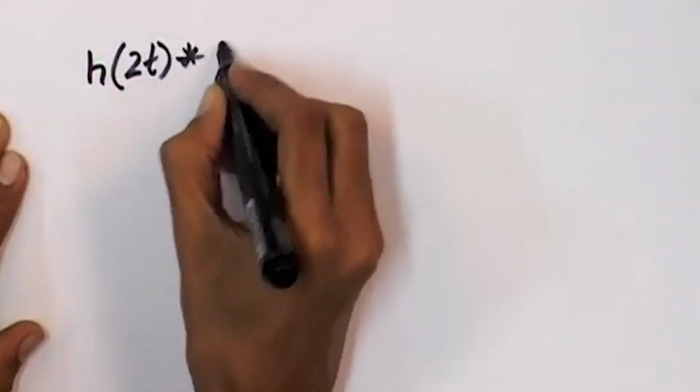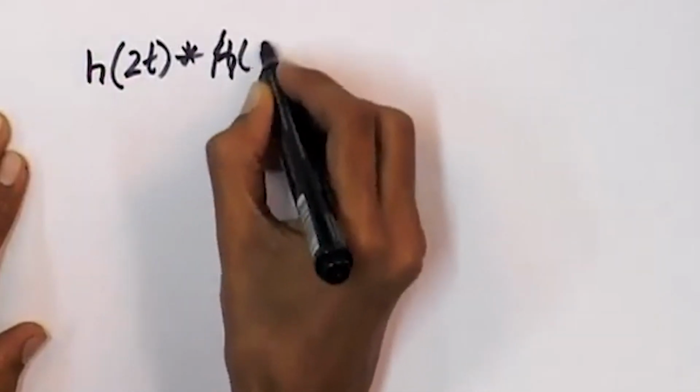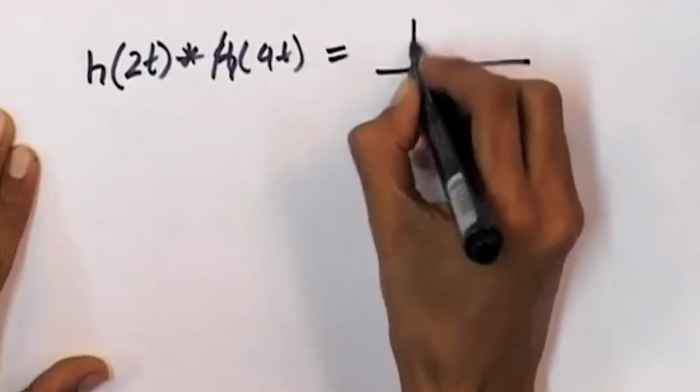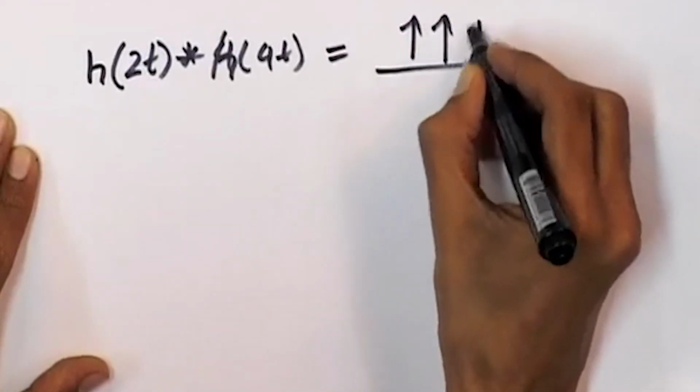Now we have h of 2t convolved with h of 4t, which is a sequence which looks like this.